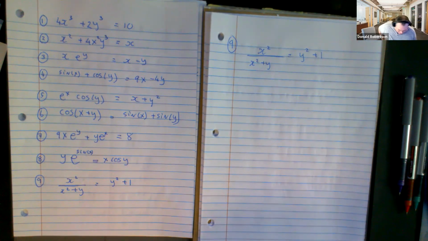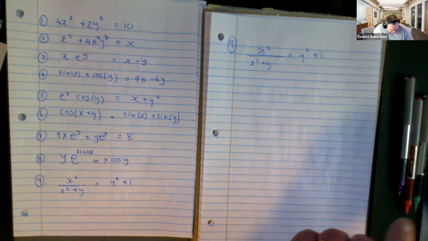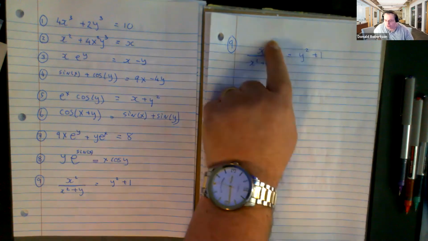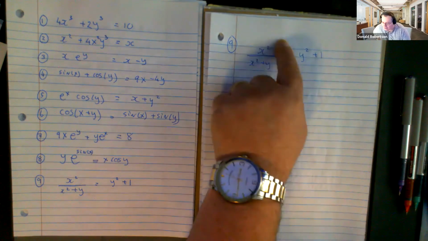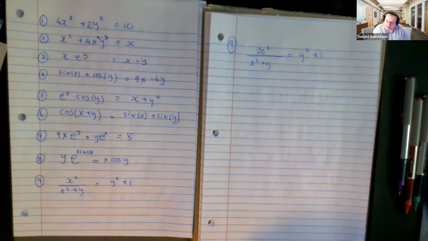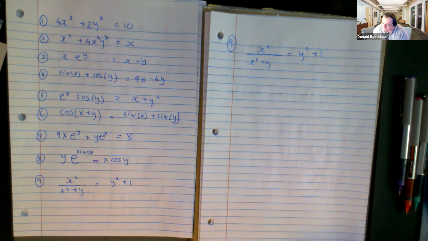You might be thinking, oh God, I am going to have to differentiate a quotient rule. And I don't like quotient rules at the best of times, but I definitely don't like quotient rules with y's in them, because I'm not even sure how that's going to work, right? That would be my natural reaction. I don't want to do this. So let's not.